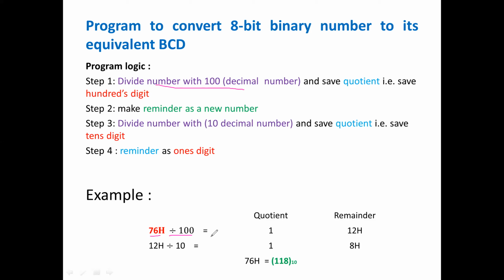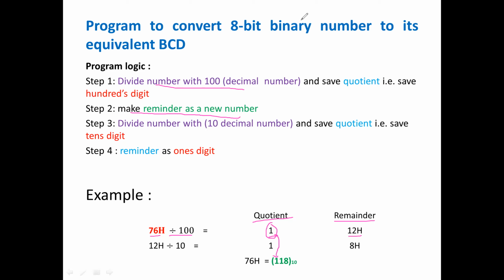If you divide two numbers, there will be a quotient and a remainder. So the quotient will have some value, the remainder will have some value. This quotient is going to be the hundreds digit of your result. First step is over.